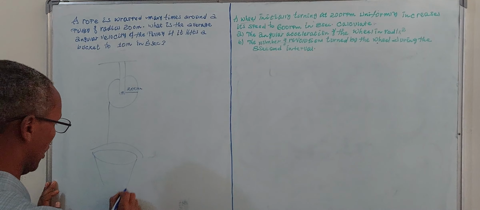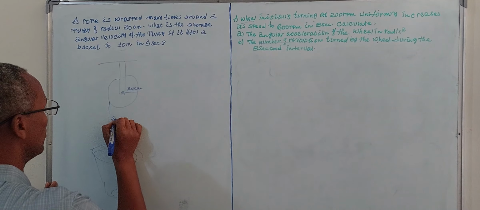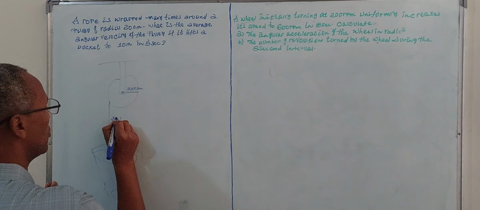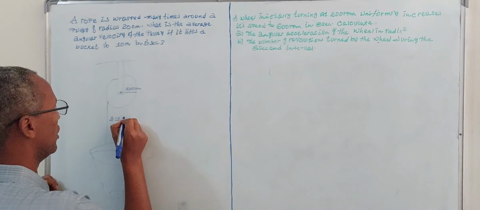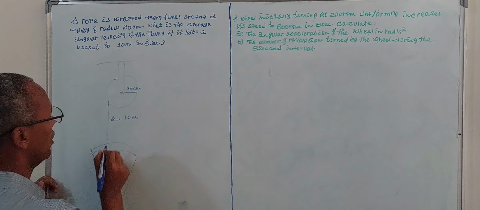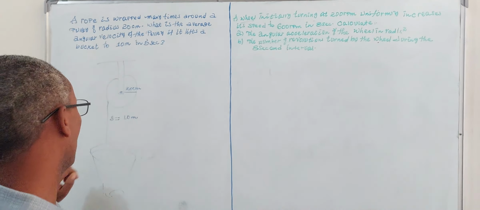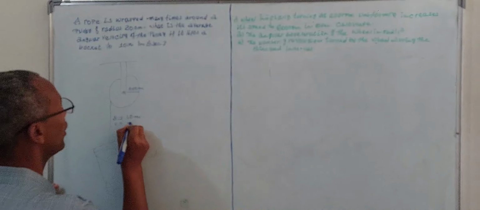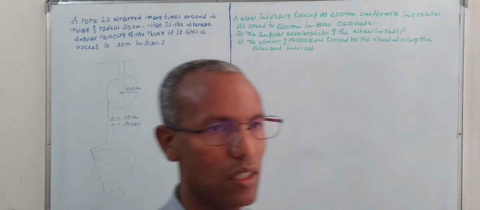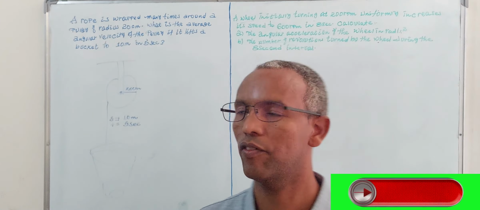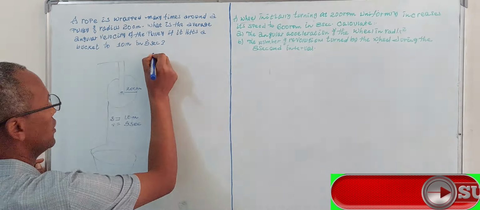Then we have a displacement. We have S, which is basically a linear displacement, right? Which is 10 meters, and the time taken to lift this bucket is 5 seconds. So that is it basically. You will have the given terms already.